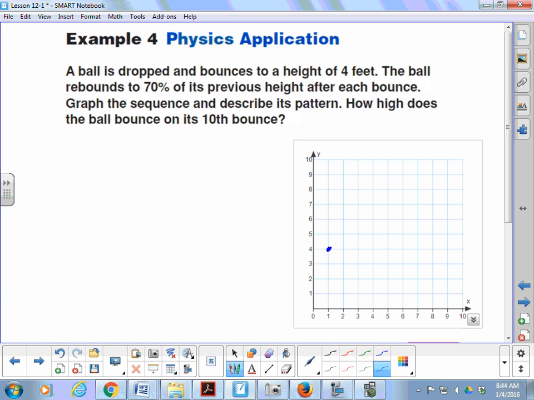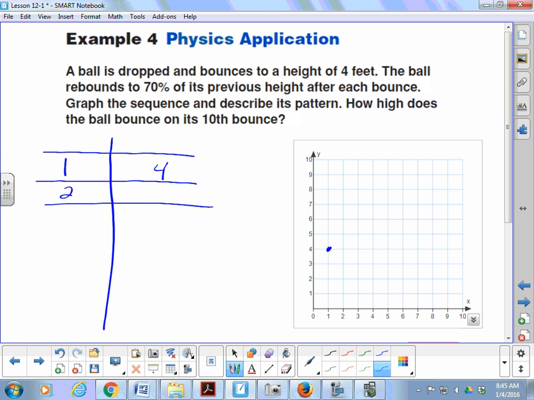All right, we don't know how high it started. So our first term, we get 4. So here's our bounce number and our height, if we want to make a table.